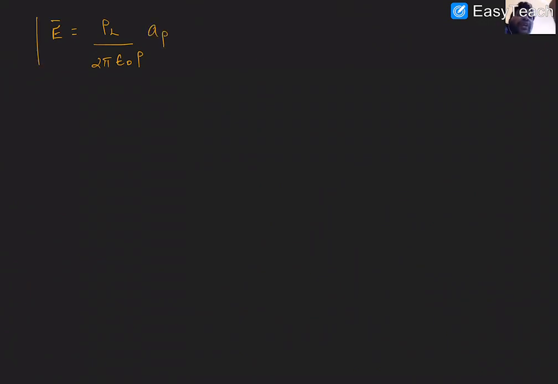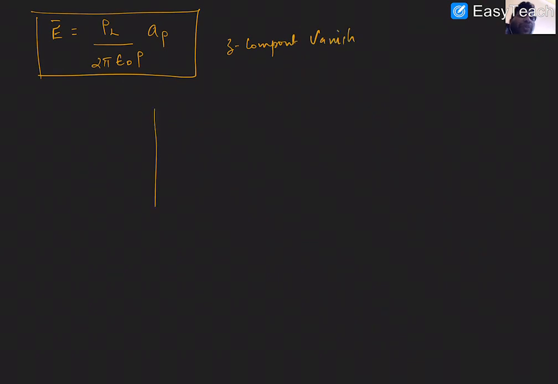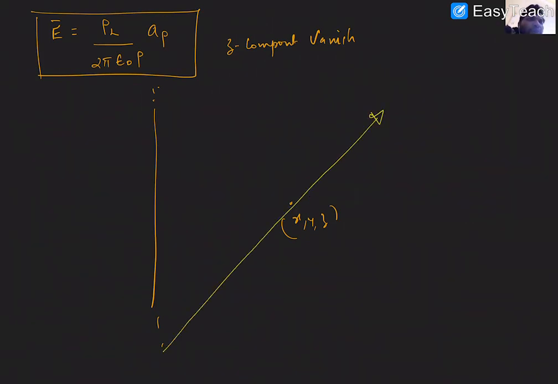So you see here the z component vanishes. It is because if you take the infinite length wire and you take the point here x, y, z, then you will have some components which are going up, and you have some components which are going down.